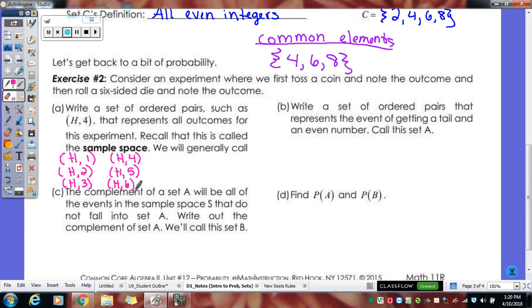And that's all the ones that start with heads. So then we got all the tails. Tails 1, tails 2, tails 3, tails 4, tails 5, tails 6.